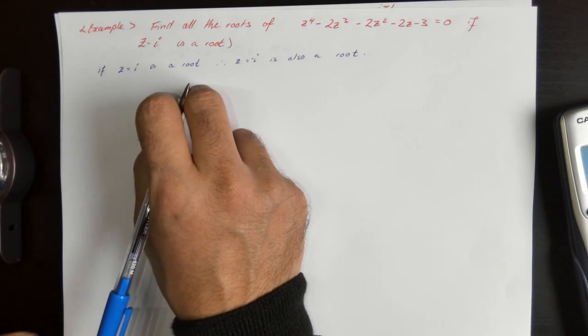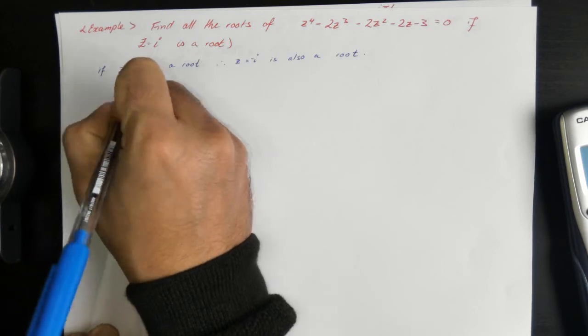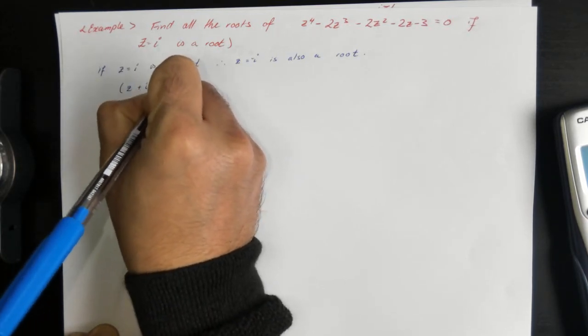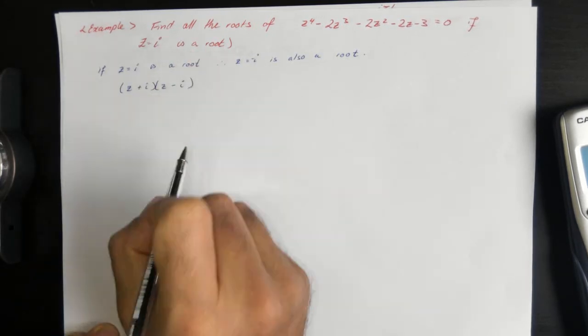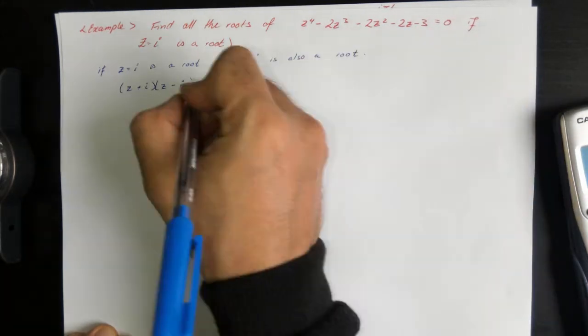Okay. So what we would have is technically z plus i, z minus i. Okay, that's going to be a factor, and there's going to be something else.